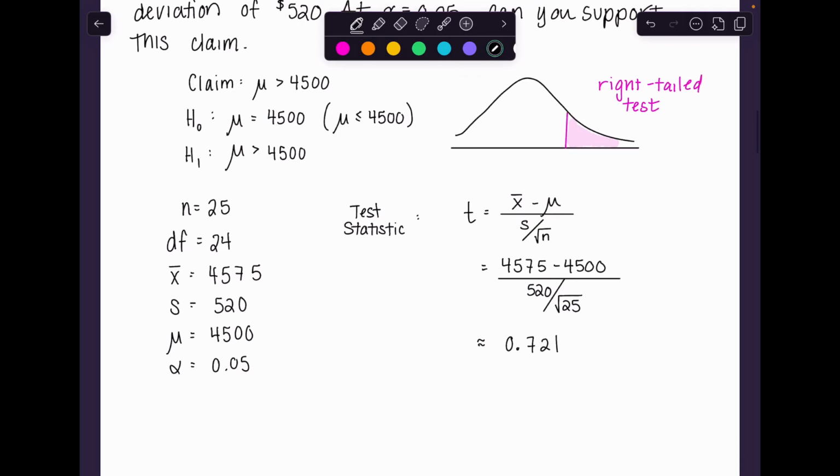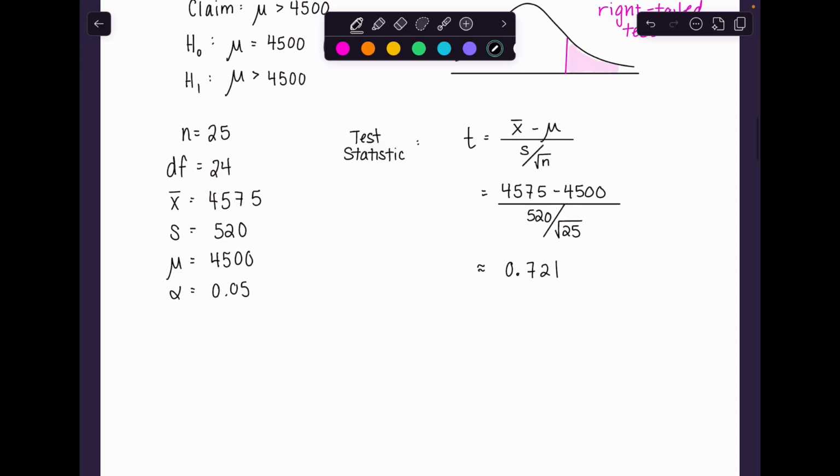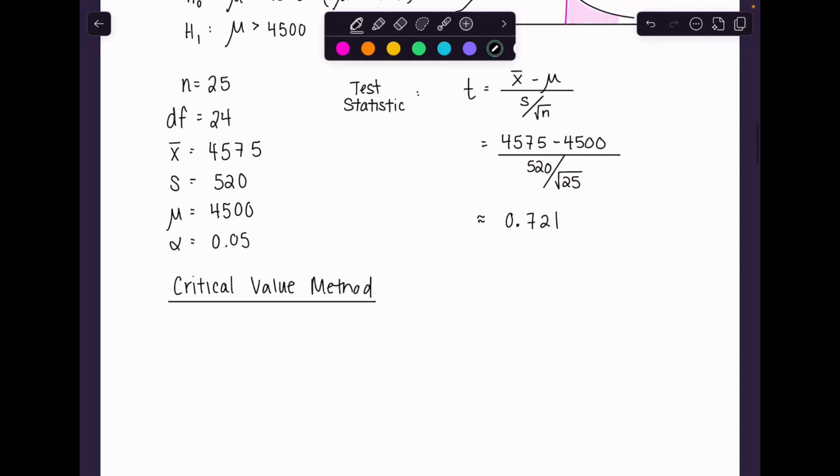So again, I want to start with the critical value method because I think that one is a lot easier to do by hand, and especially on a test when you don't have access to an online p-value calculator, this is really the only method that you can go through. So looking at that critical value method, we have a one-tailed test, and our alpha level is 0.05.